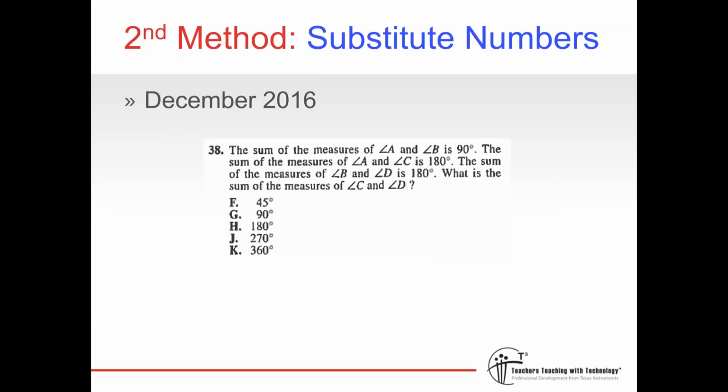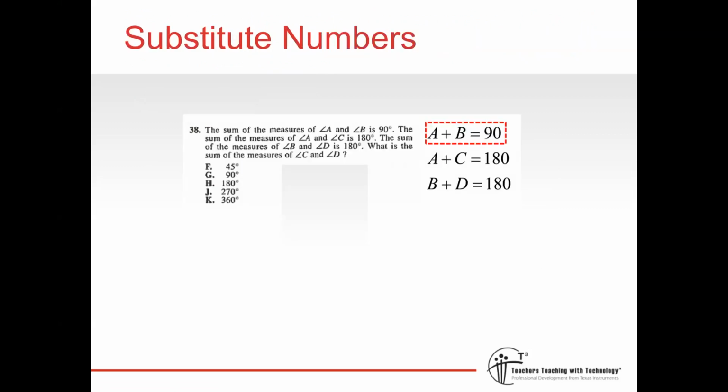I love that. Okay, Jay, like you liked it too. Substitute numbers. If Jeff McCullough were here tonight, he came up with this one, and I like it. I did not come up with this. So he has the 3 equations here, and he said, but A and B add up to 90. So he said, let A be 20. Just picked A to be 20. And as soon as he picked that, he could find all the other angles.